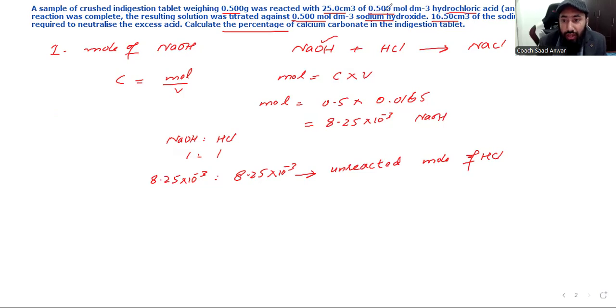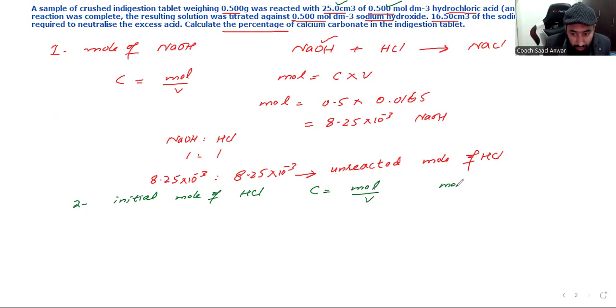Perfect. In the question, you can see you also have the volume of HCl and the concentration of HCl. So the second step is to find the initial moles of HCl. By the same formula, concentration is equal to moles upon volume, so moles will be concentration times volume.